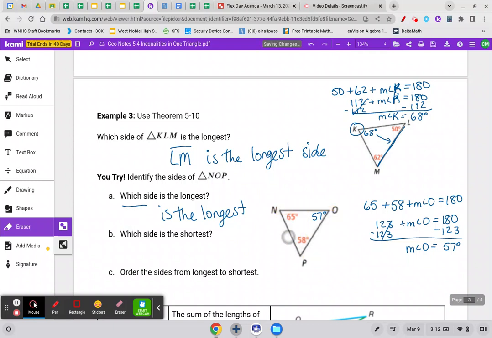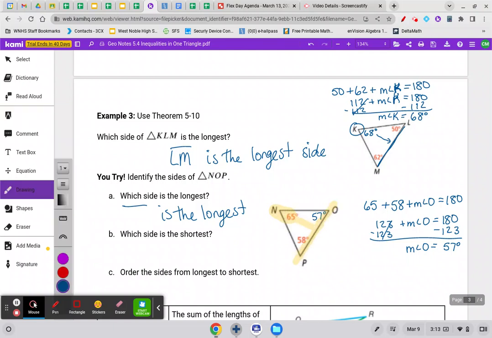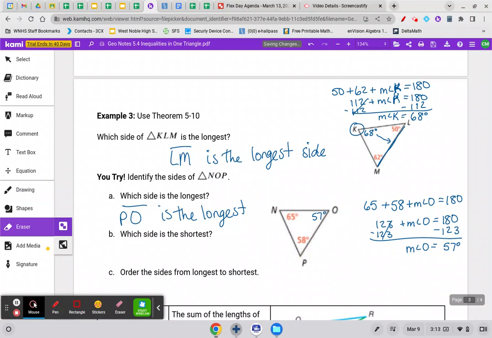That's not the biggest angle. 65 is the biggest. If you got confused, I'm so sorry. PO is actually the biggest segment. My bad, I needed to check closer. 65 is the biggest angle, so PO is the biggest segment.